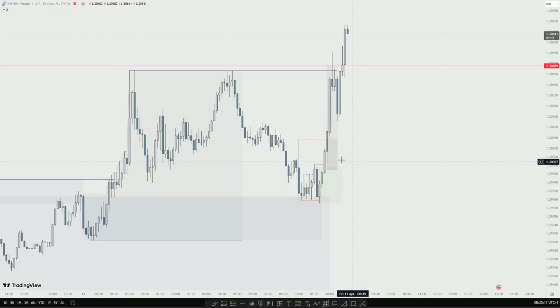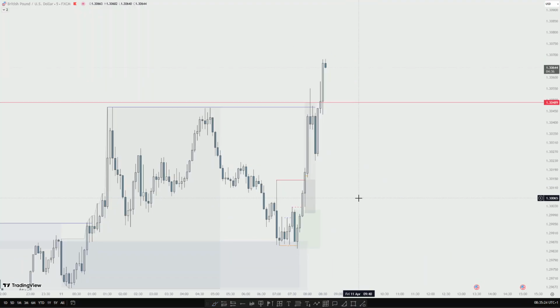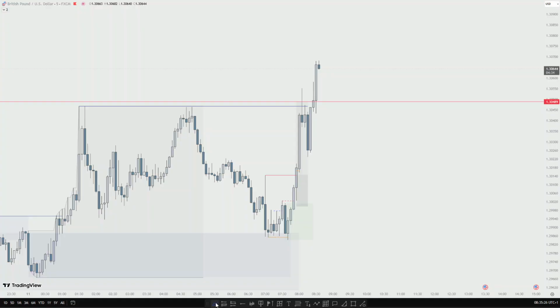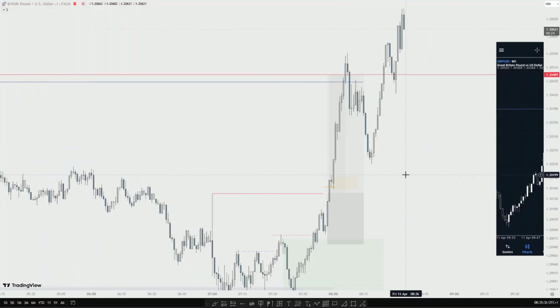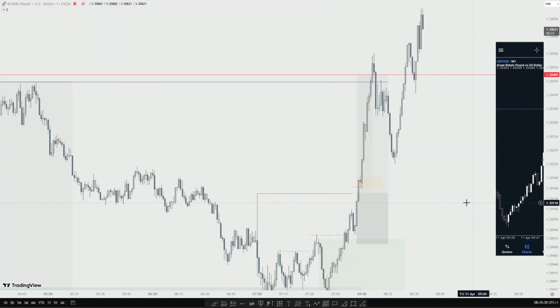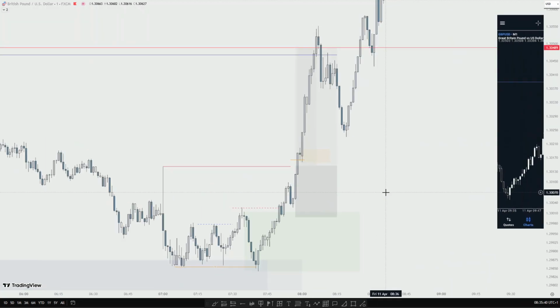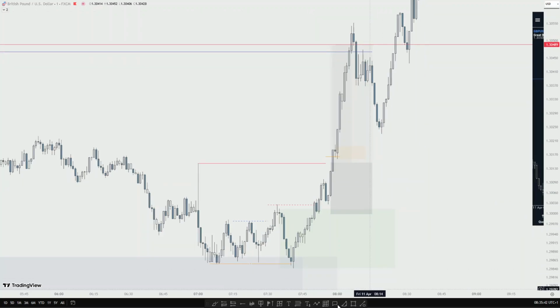But when I saw that M5 order flow shift with a strong bullish candle being printed, I directly entered the trade when the M5 order flow shift happened. Because the risk to reward wasn't that great, to manage that I used the 1 minute time frame.